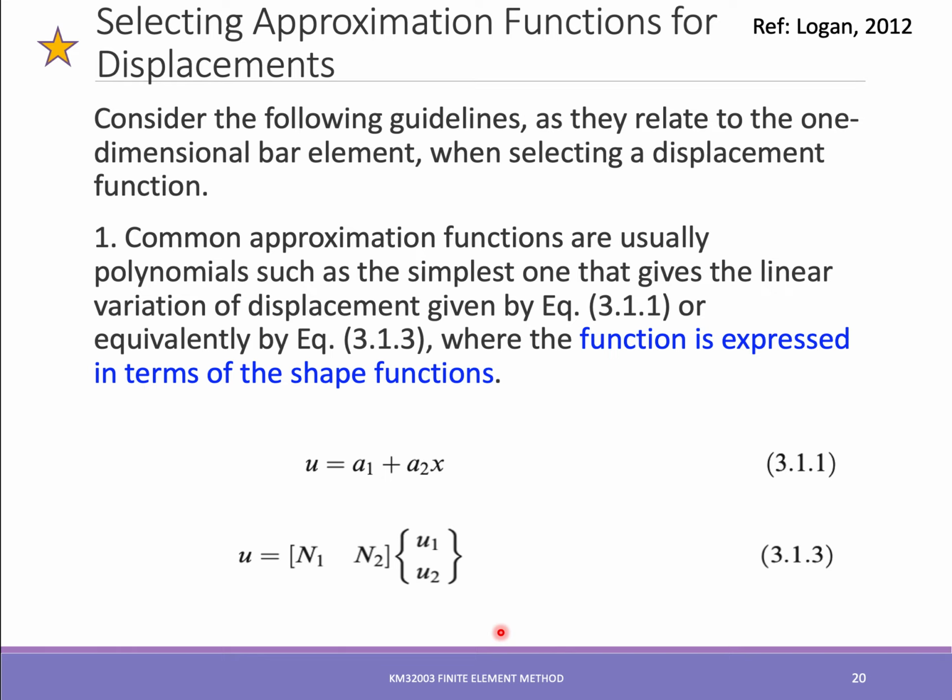There are 4 guidelines or criteria that you must keep in mind when you want to derive the displacement functions. By knowing these 4 guidelines, you can derive or select the displacement functions, or create your own displacement functions, okay?